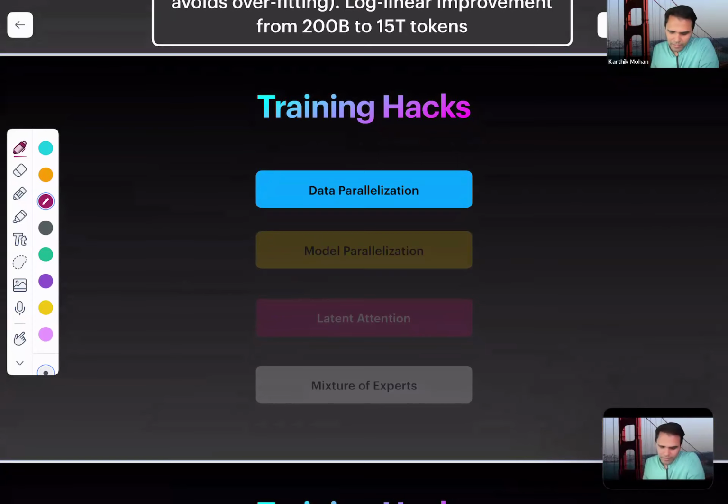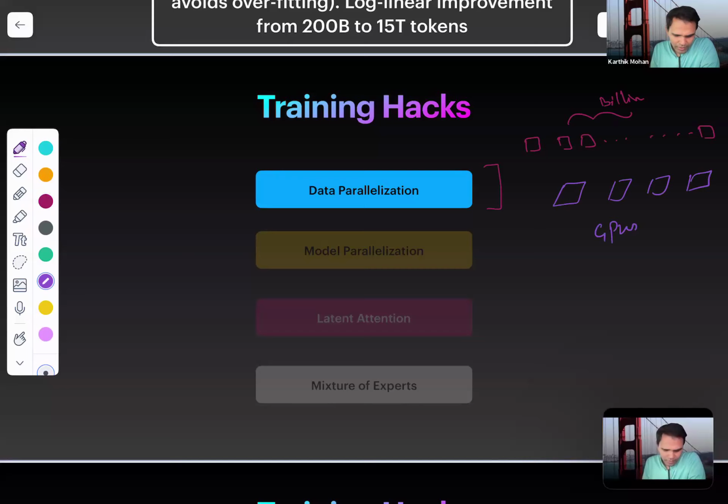So data parallelization is the idea that if you have lots of documents, lots of data, let's say you have billions of data, you cannot load it on a single GPU, right? So I have some GPUs here, and I'll have to assign it in some way.